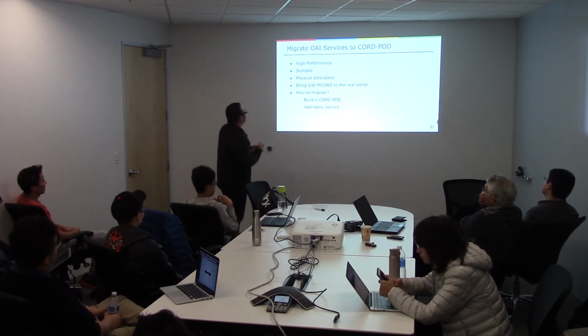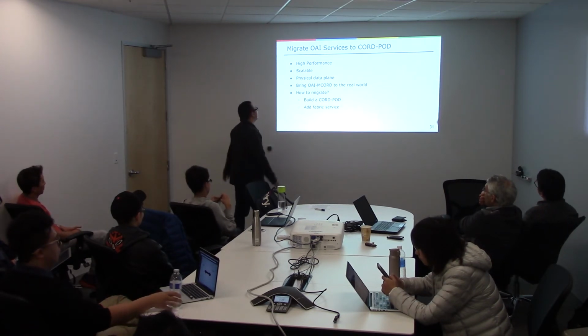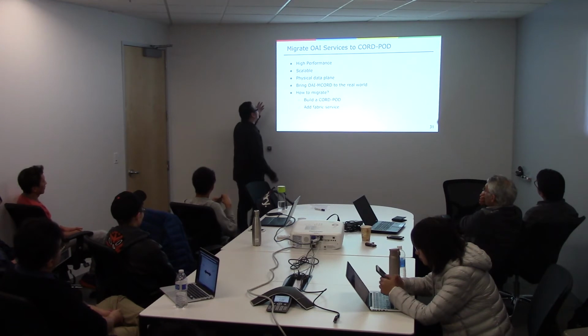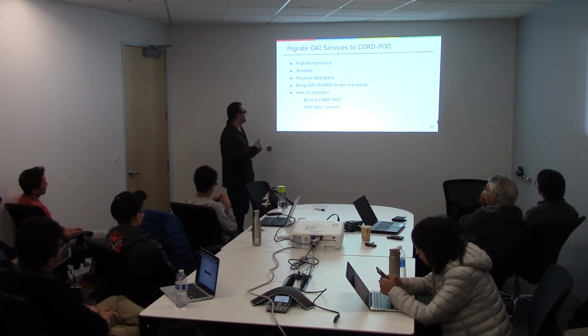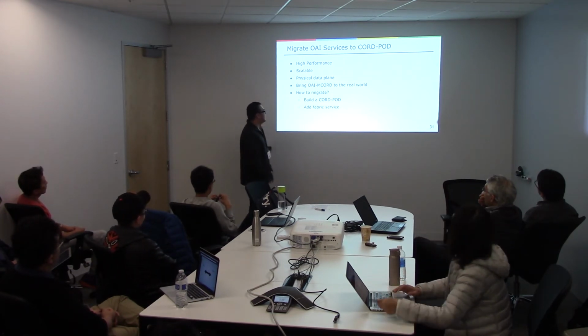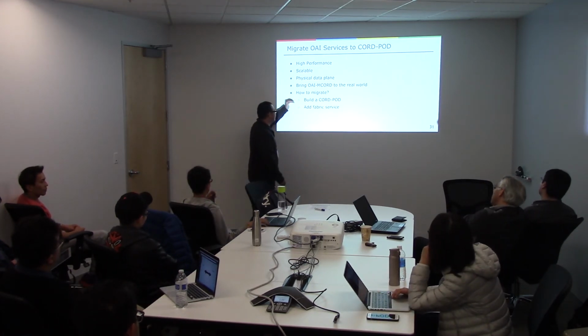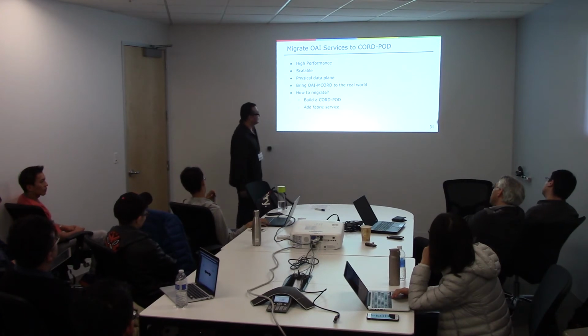So for the future work, first of all, we should migrate our OAI service to a core part, because it will have higher performance and scalability, and we can have a physical data plane. And maybe in some update, we can bring our OAI into the core. And how to migrate? First of all, of course, we need to build the core part.